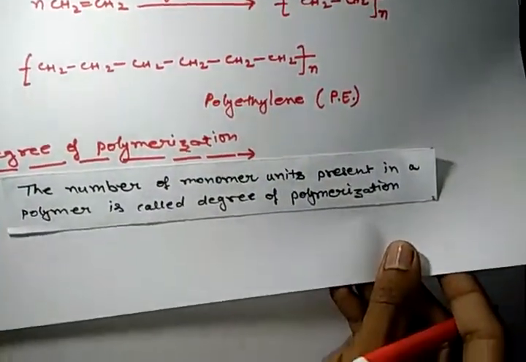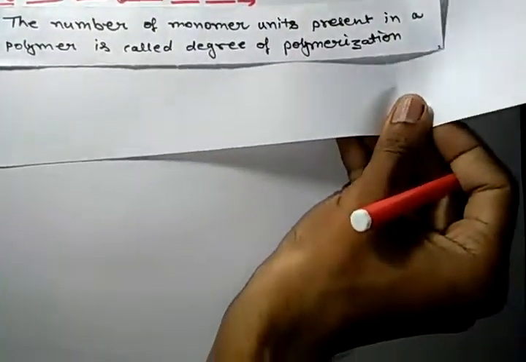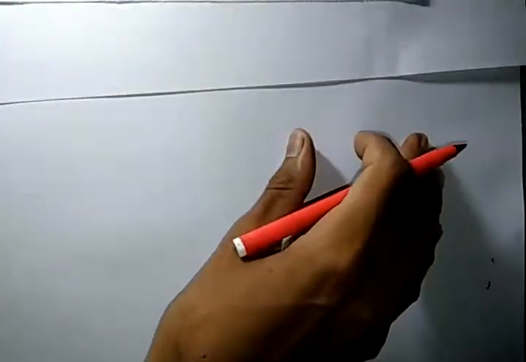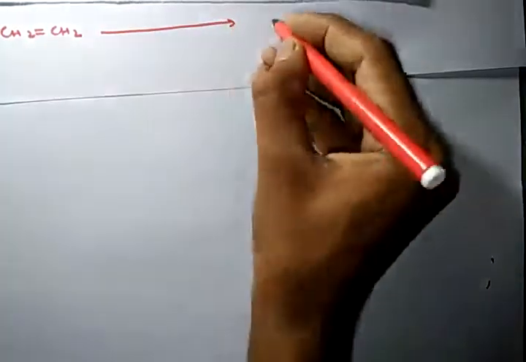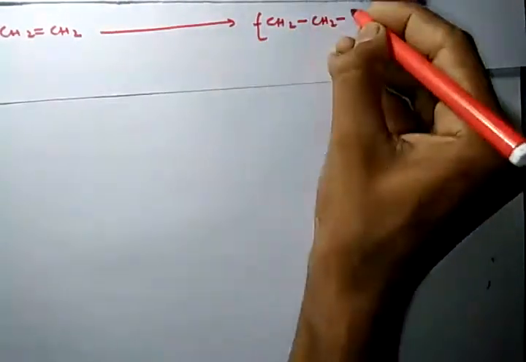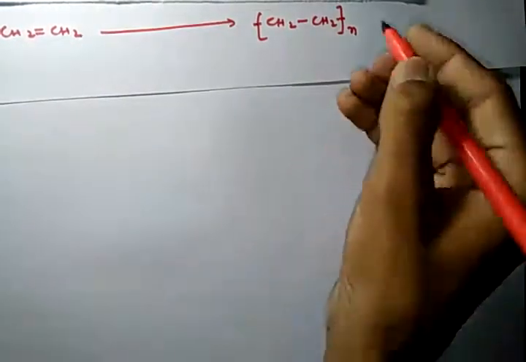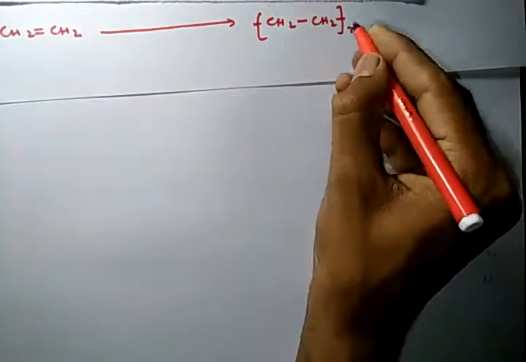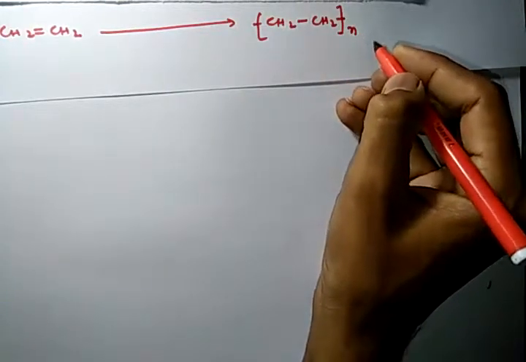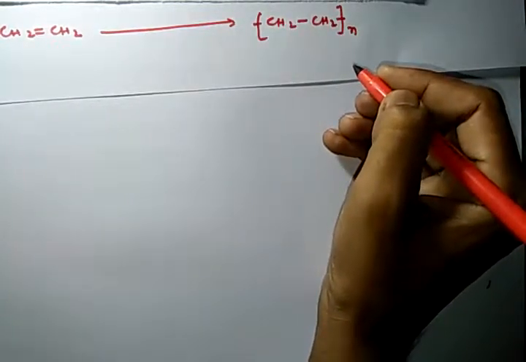It can also be explained by this method. Here there are n monomers of ethylene and they combine and a large molecule is obtained, and here the number is represented by n, and this n represents the number of monomers and it is the degree of polymerization.